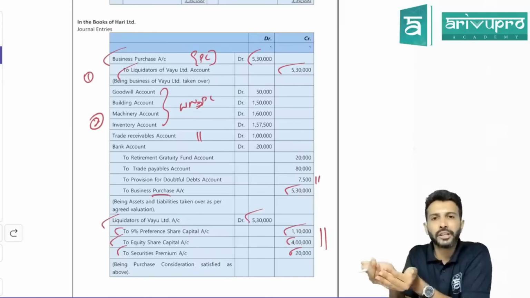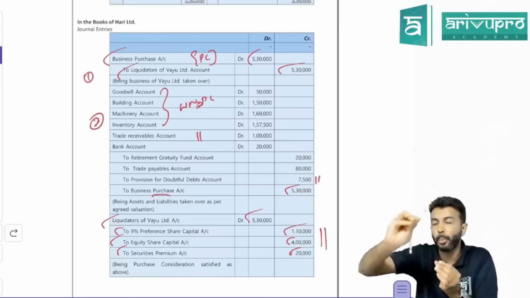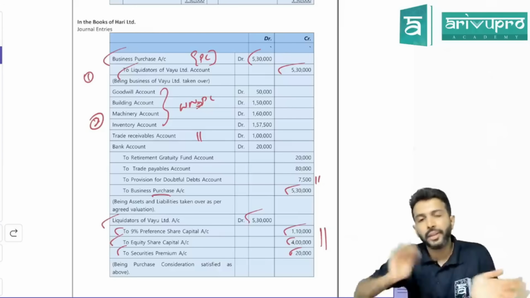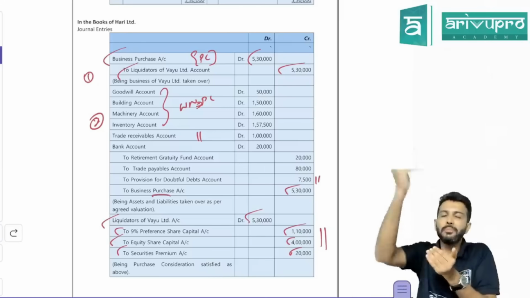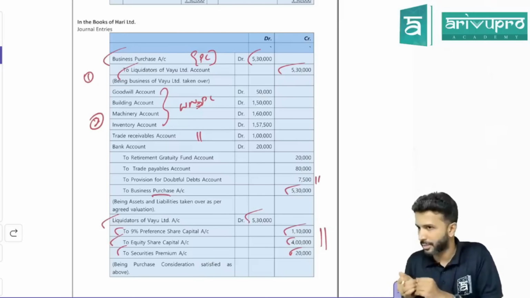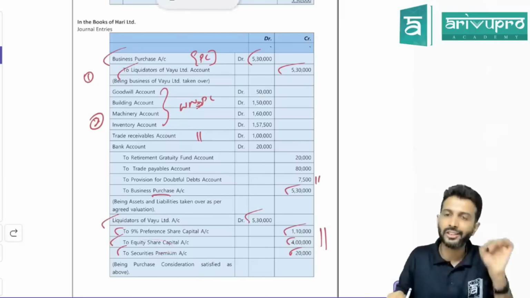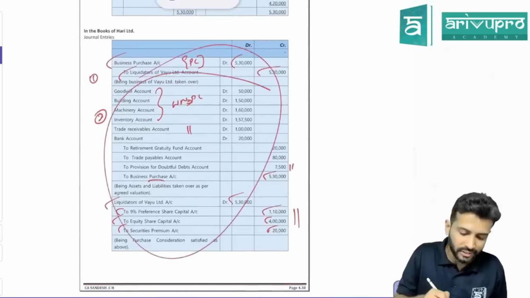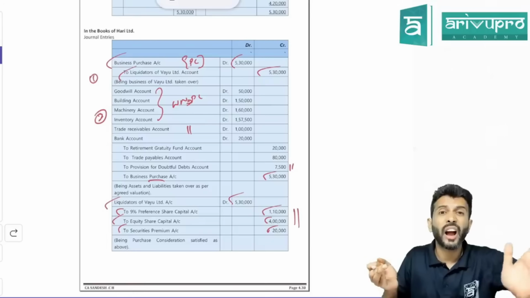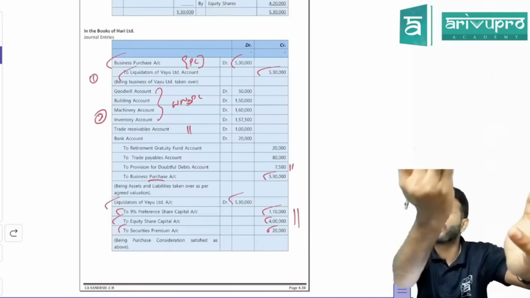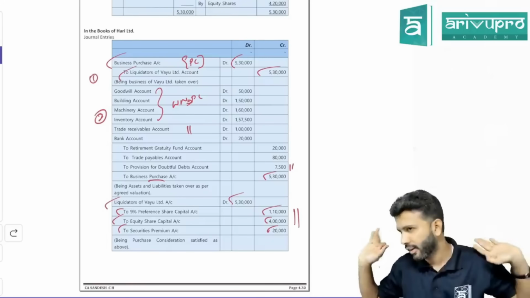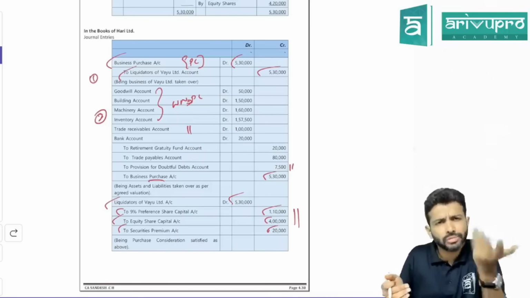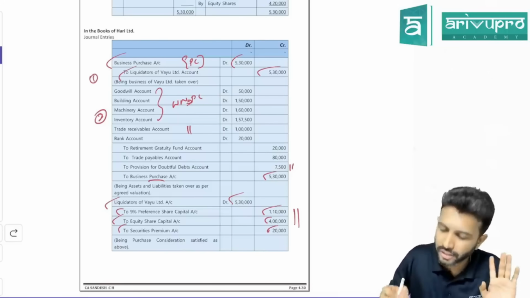If you have settled in preference shares, you'll write not preference shares but to preference share capital. If you have settled in equity shares, to equity share capital. If there is any premium on preference shares or equity shares, doesn't matter. That premium will be transferred to securities premium account. So these are three basic entries, along with which amalgamation expense, mutual owings, stock reserve, all that can get added. We have already discussed that. If it comes, go and do it. That's all. Okay, sir. These are basic things.